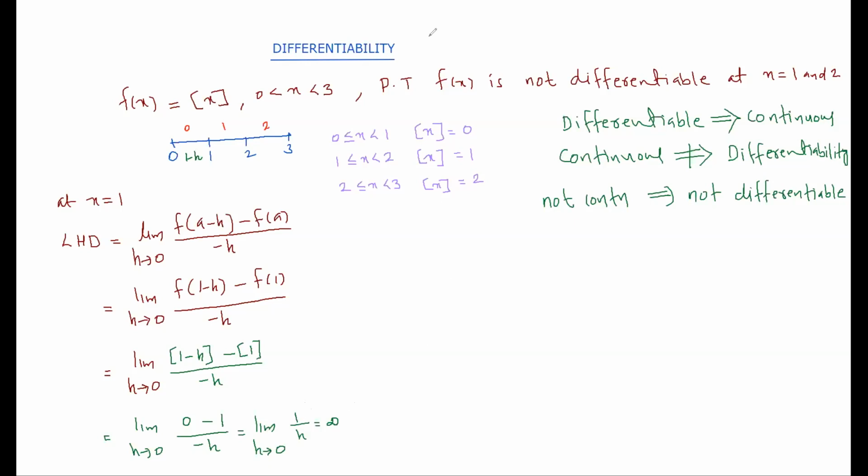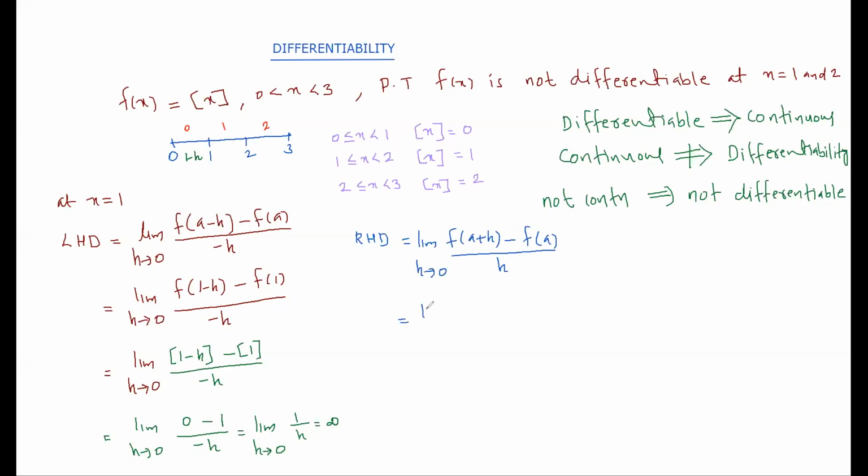Now, right hand derivative. Right hand derivative is equal to limit of the function f of a plus h minus f of a divided by h as h goes to 0.